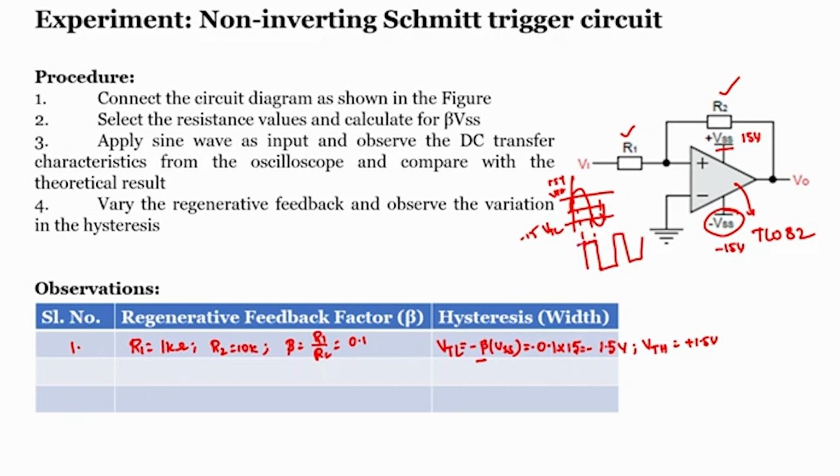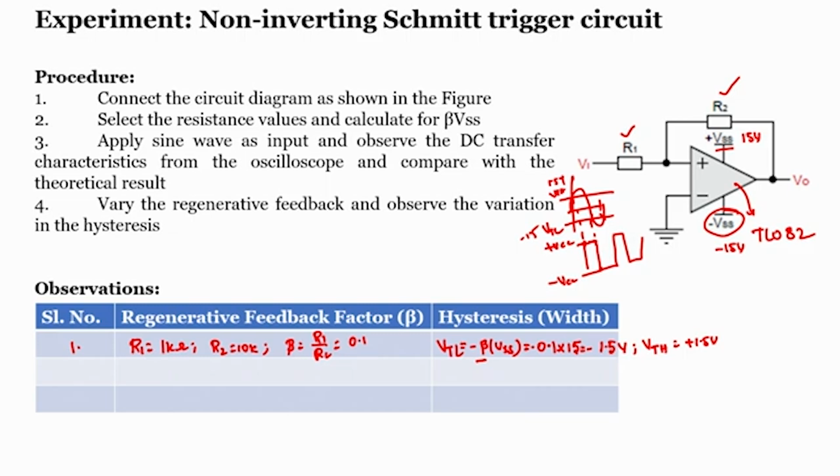And what will this voltage value be? This will be plus VCC and minus VCC. The reason it is always at plus VCC or minus VCC is that the open loop gain of an op amp itself is very high, and since the op amp is also connected in positive feedback, the overall gain will be even higher than the open loop gain. As a result, even a small input voltage is enough to make the op amp operate in the saturation region.